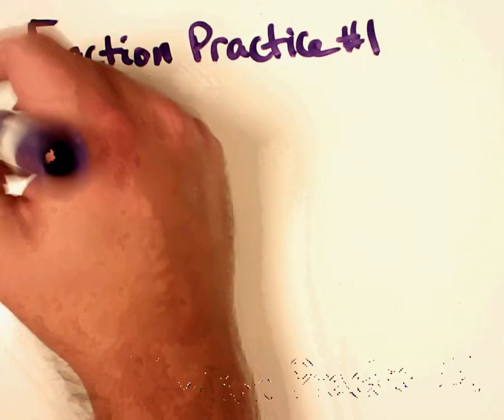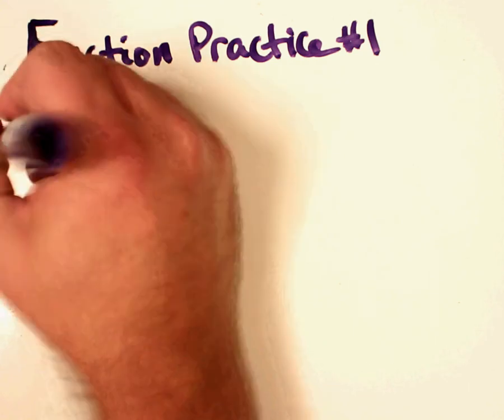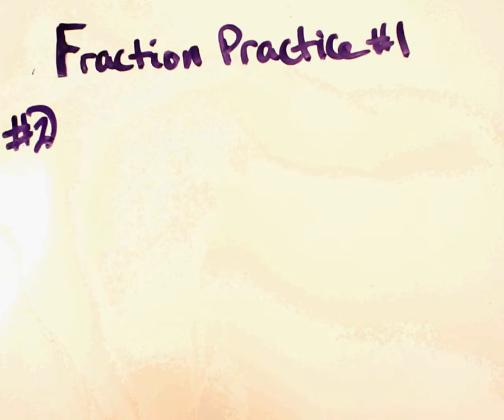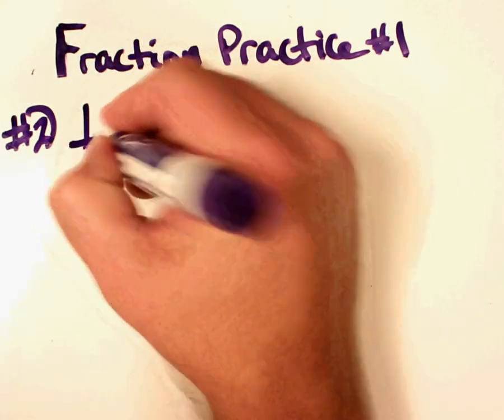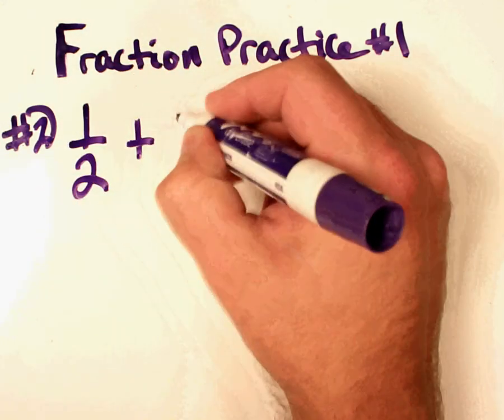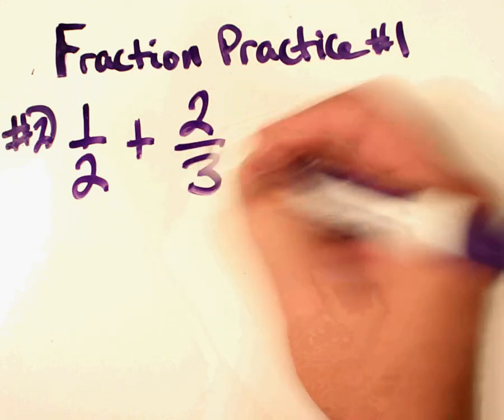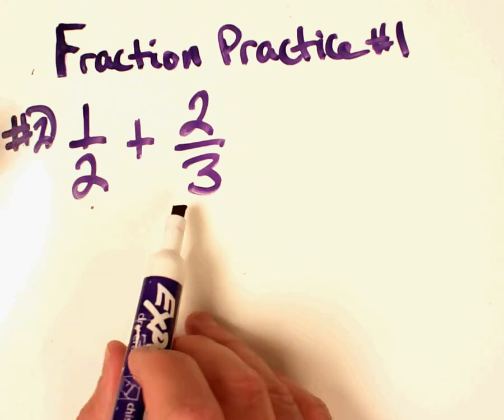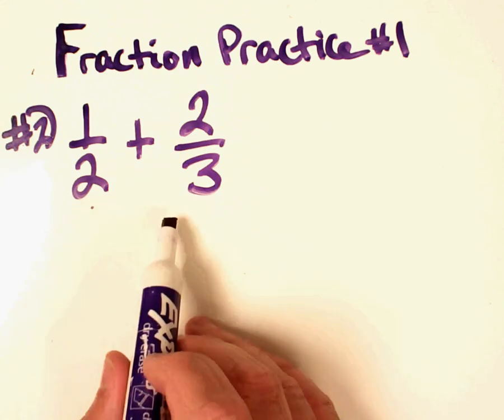So number 2 is 1/2 plus 2/3. Once again, I cannot add these fractions as they are. I have to come up with a common denominator.